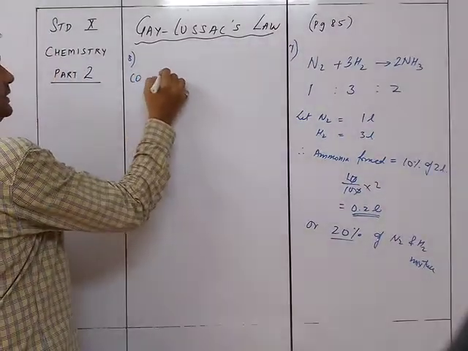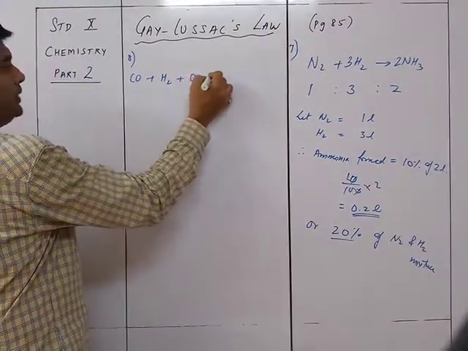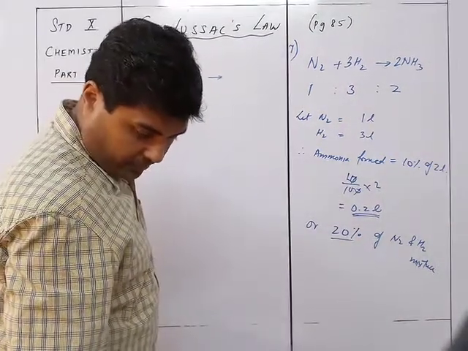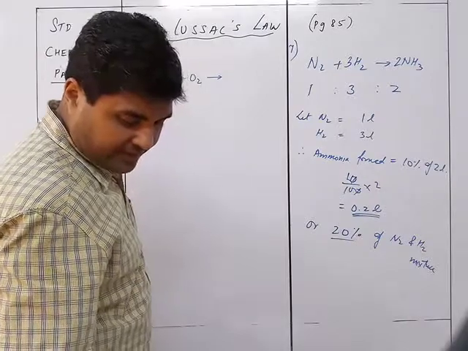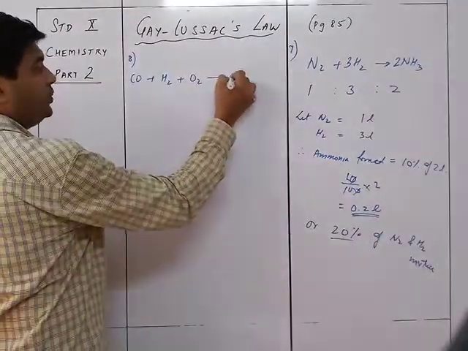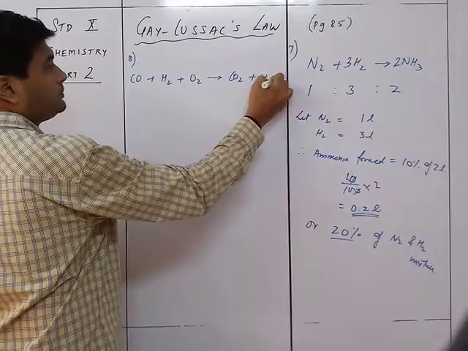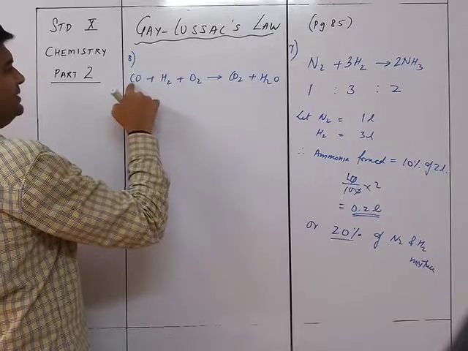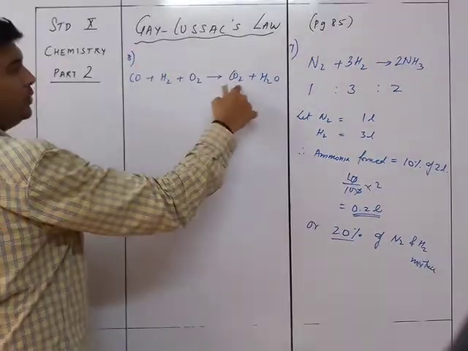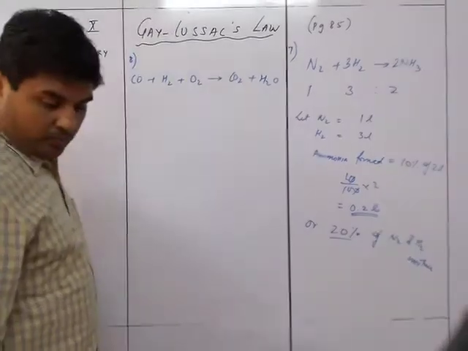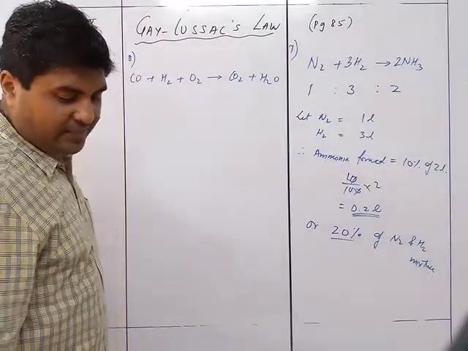So CO plus H2 plus O2 gives CO2 plus H2O. Everything is balanced: C, O, and H. Yeah, it's already balanced. So we are given that 100 cm cubed of this.